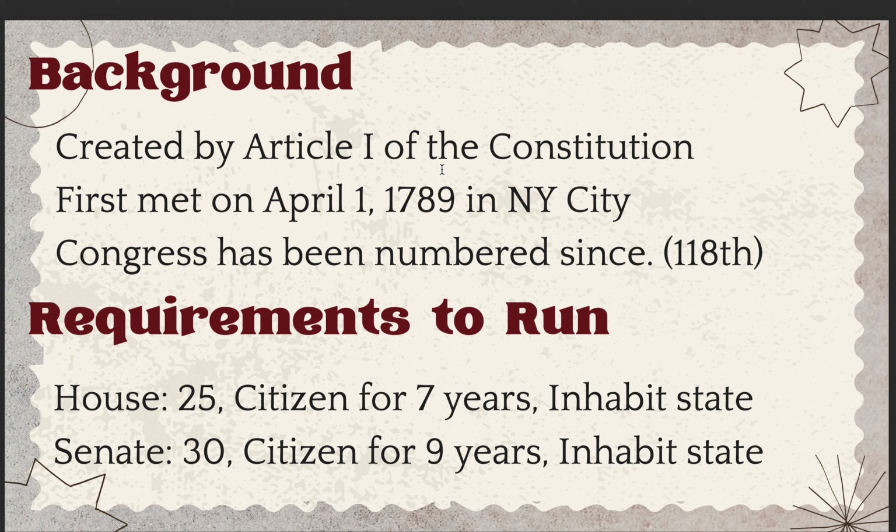People running in states that they don't actually live in or vote in or pay taxes in or own homes in. It's illegal. You can't do that. And then to run for the Senate, you have to be 30. You have to be a citizen for at least 9 years. And again, you have to inhabit the state that you live in. And you will be voted in, and you will serve for.